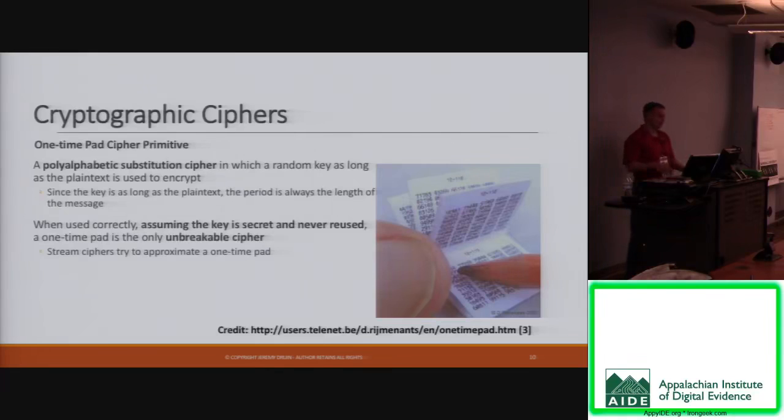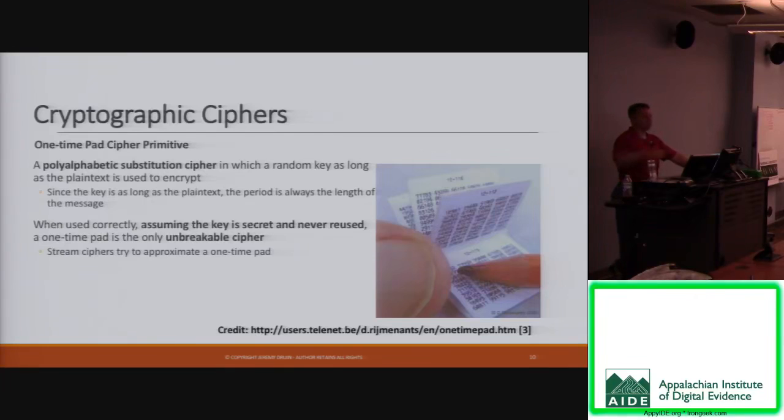It turns out this unbreakable cipher actually was broken. The Americans figured out that some of their adversaries, the Russians, were using the books over and over again because they weren't getting a fresh supply of new cipher key books for these one-time pads.